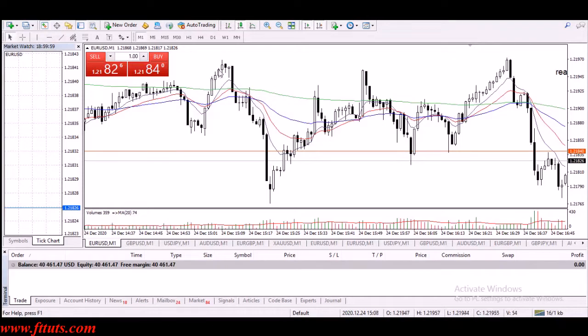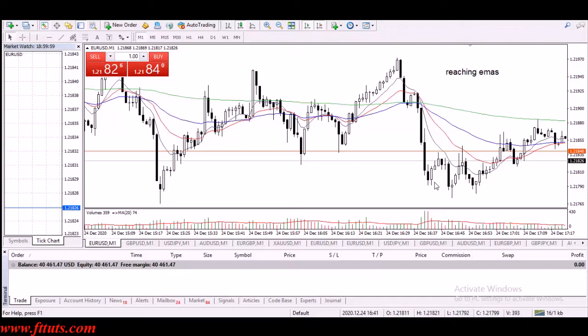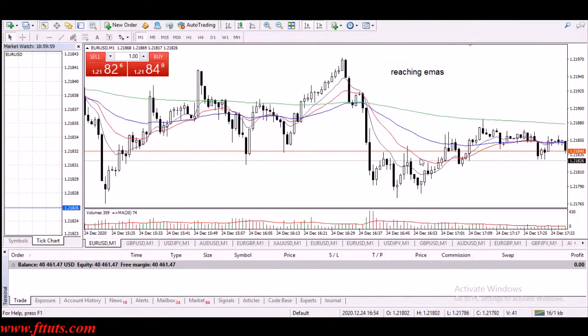Start selling from here and close on EMAs. Start buying, buy, and close on EMAs. Also sell, close on EMAs. Sell, close, buy, close when price reaches EMAs. Buy, close when price reaches EMAs. Also from here, buy and close when price reaches EMAs.